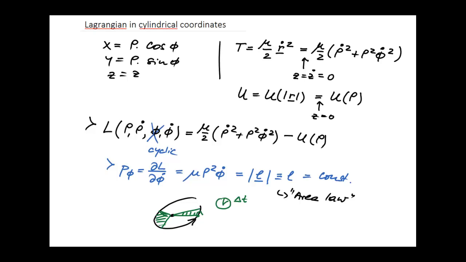The area law in particular gives you immediately an expression, a differential equation for phi. And you have this equation, mu times rho squared times phi dot equals this constant angular momentum L. You can solve that for phi dot, and then you have a differential equation of the form phi dot equals something.